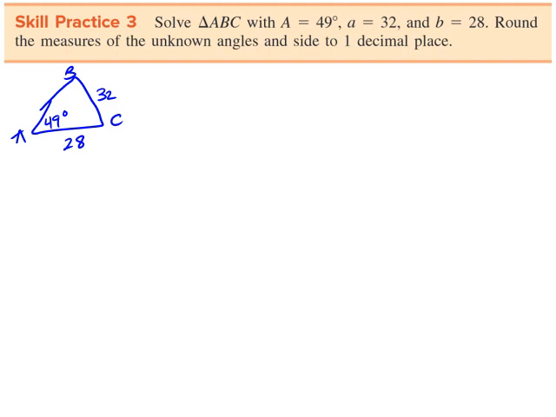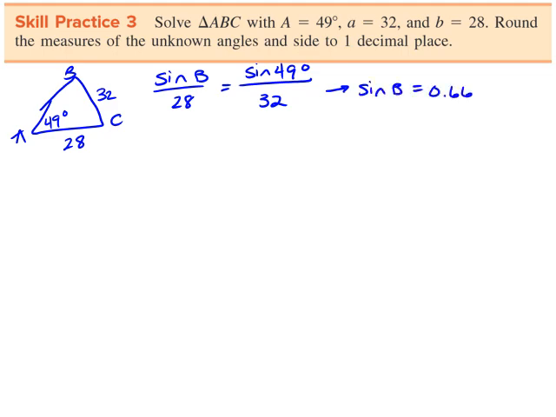I have to find side B or angle B. So sine of B over 28 is equal to sine of 49 degrees divided by 32. So sine of B is equal to 0.66. This is between -1 and 1. So I have 2 possible triangles.